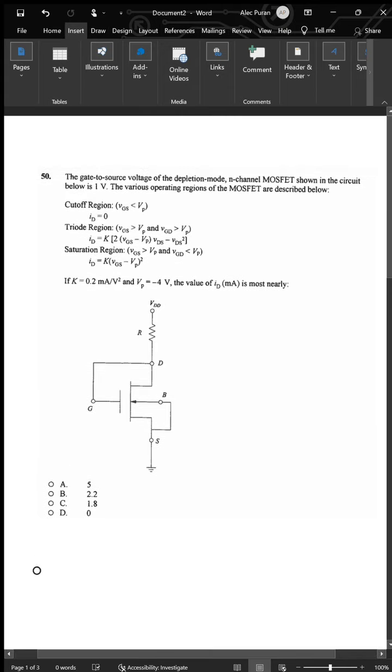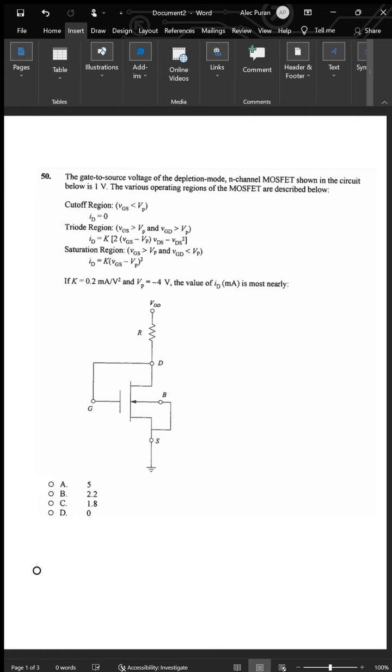So in this problem, we're given a depletion mode N-channel MOSFET, and here we're given the gate to source voltage of this MOSFET as 1 volt, and we're also given a description of the various operating regions.